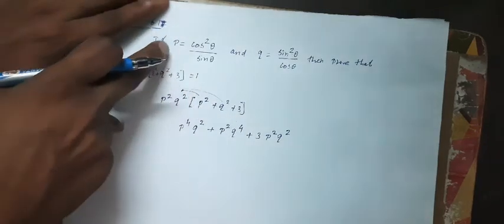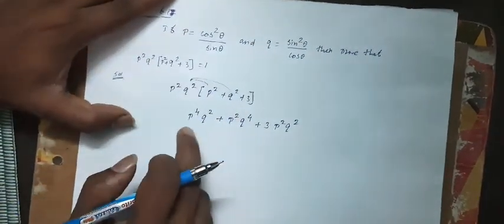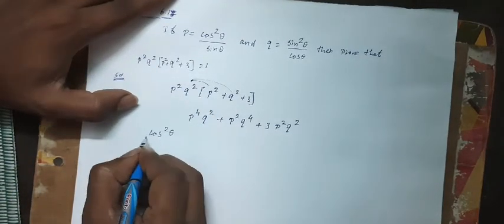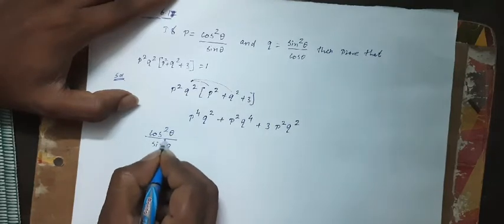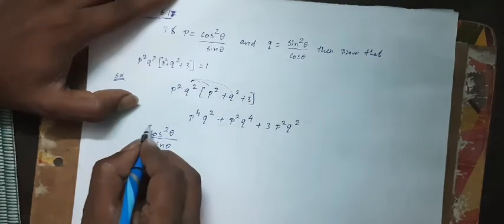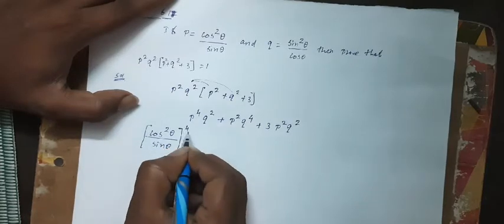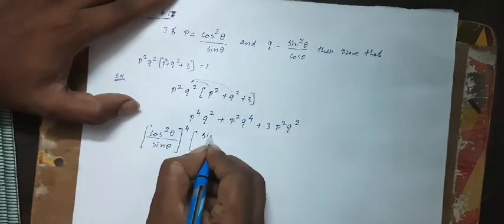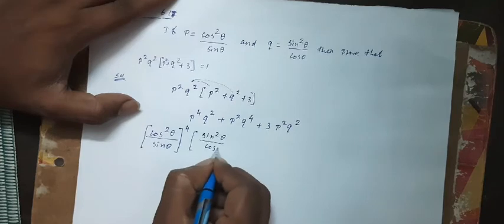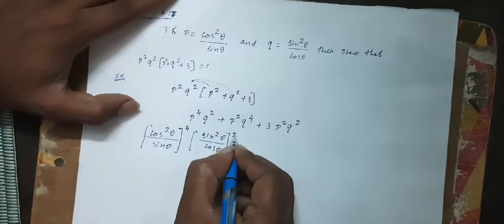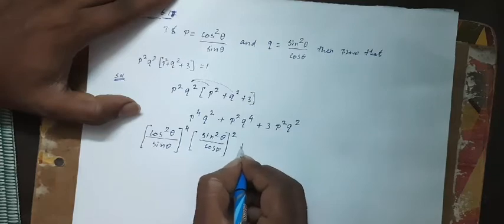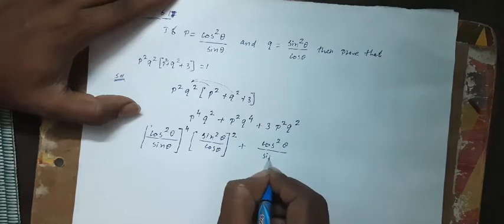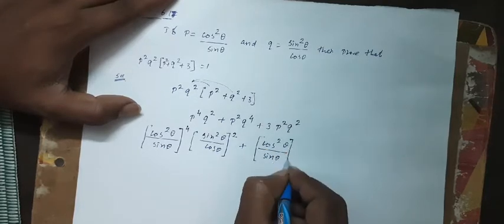Take the terms, multiply inside, and then substitute P and Q here. First one, P power 4. Here P is cos square theta by sin theta, and this is P power 4. So we take P power 4 and the next Q square. Q is equal to sin square theta by cos theta, the whole square. Then plus P square, where P is cos square theta by sin theta, that is P square.